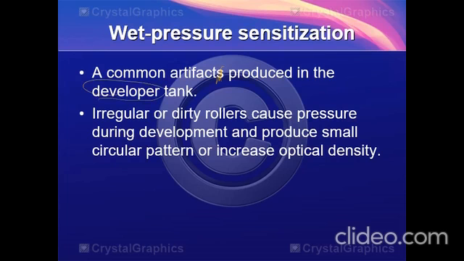This is caused maybe by irregular, so hindi na ayos yung pagkaka-arrange sa rollers, or dirty rollers which can cause pressure during development and produce small circular pattern or increased optical density. So, pabilog siya, small circular pattern or increased optical density.